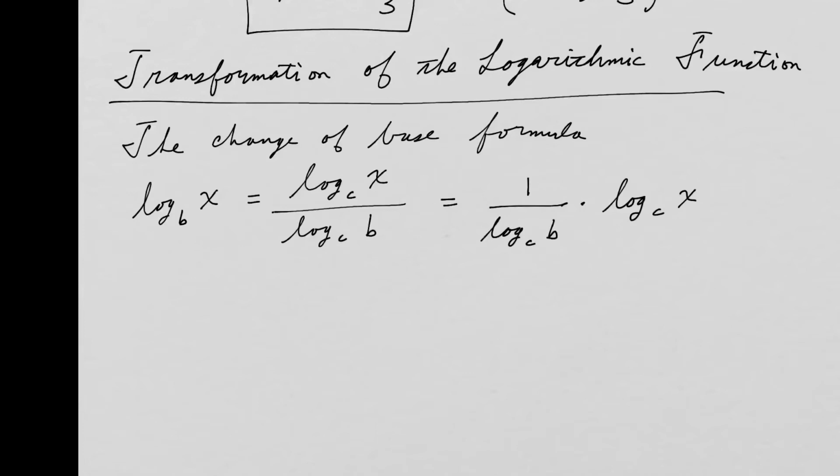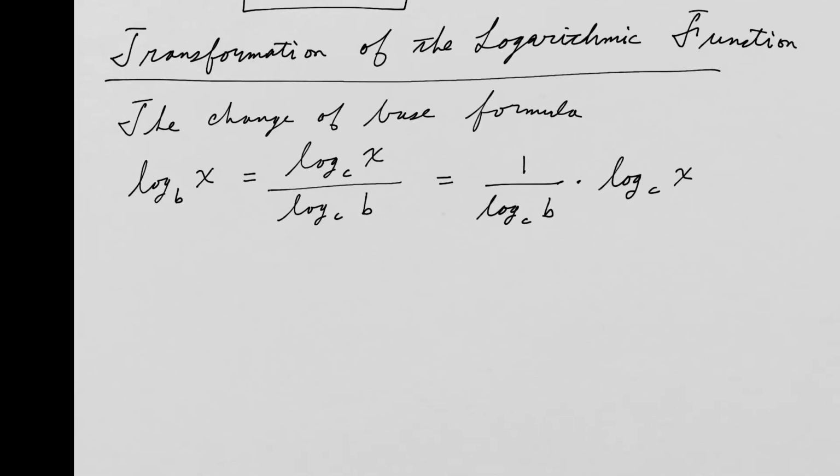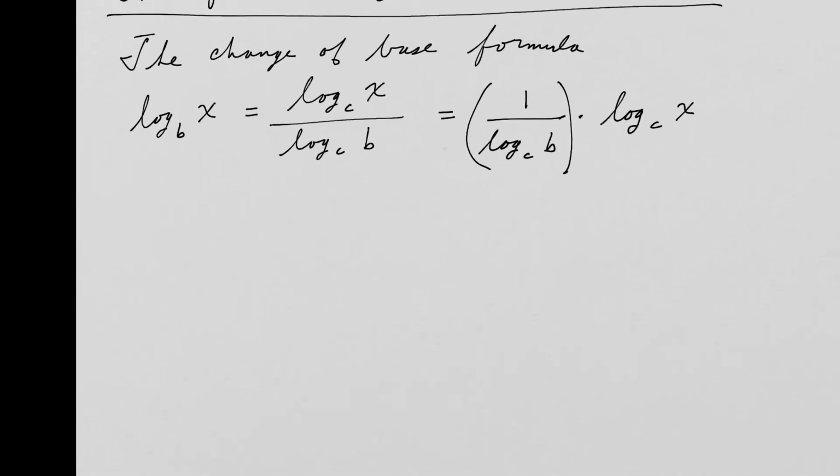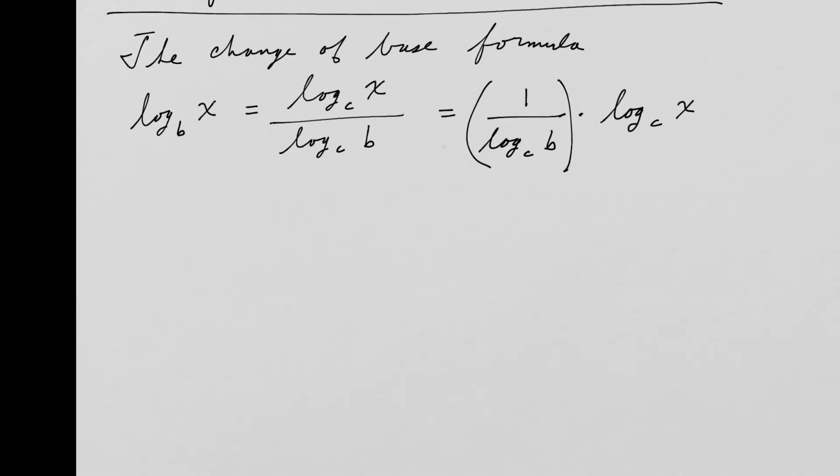So really what I'm saying is that, since this log base c of x is being multiplied by this term, I can think of this as, log base b of x is really a vertical expansion or compression of log base c of x.